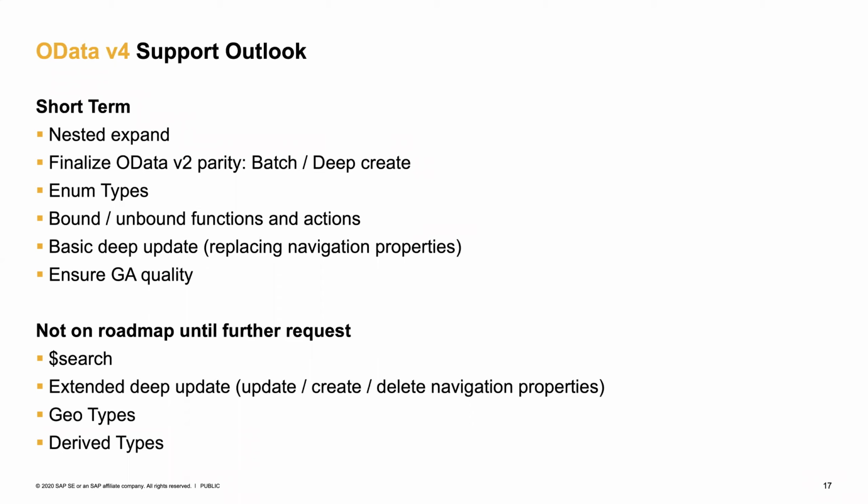I already talked about the extended deep update, which is similar to the batch, not exactly the same, but similar. Geotypes are currently not on our roadmap, and also derived types, which is something that allows you to specify additional types for entities.